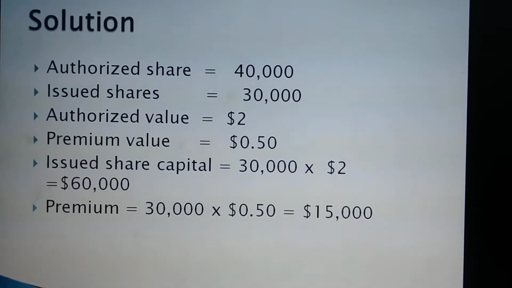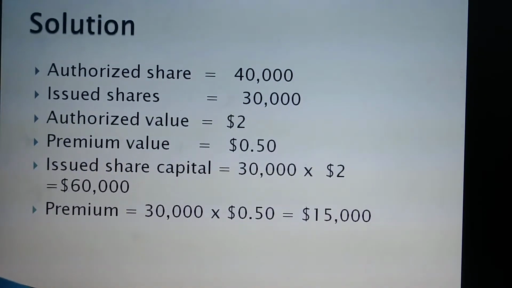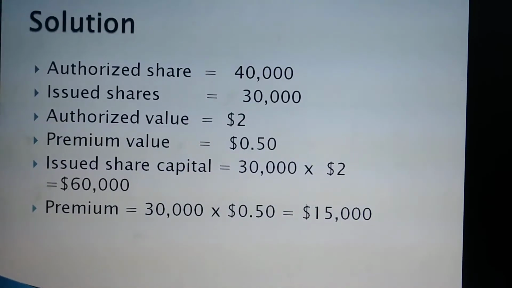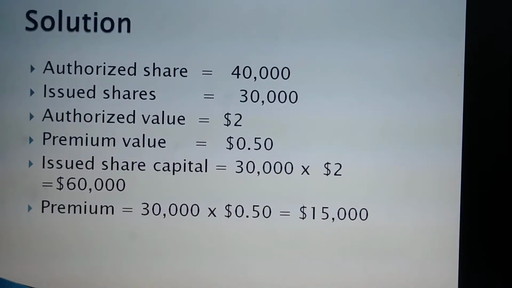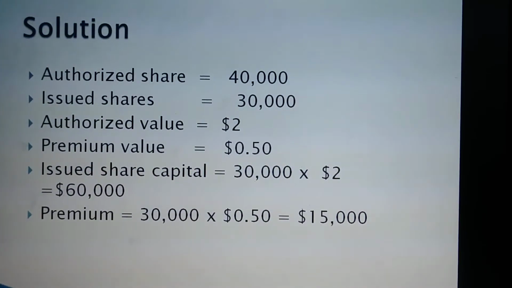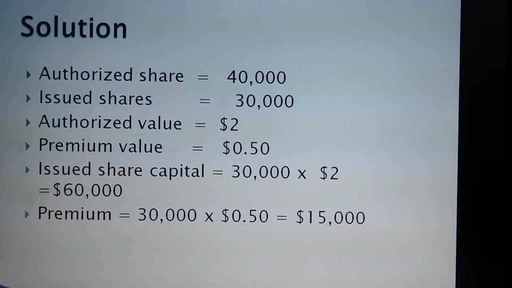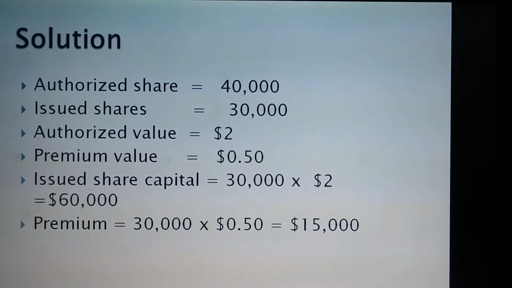However, of the 40,000, they issued 30,000. Therefore, the issued shares represents 30,000. Now, what is the value of the authorized share? $2. And the premium value is 50 cents. That is the excess at which the par value was issued.